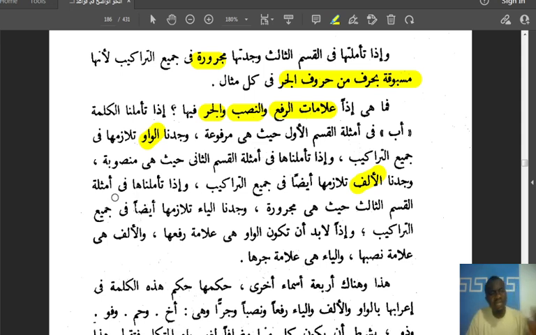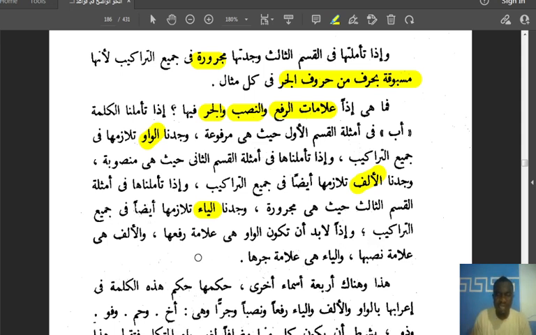وإذا تأملناها في الأمثلة القسم الثالث, if you look at the last four examples, حيث هي مجرورة, where it came as majroor, وجدنا الياء تلازمها أيضا في جميع التراكيب.